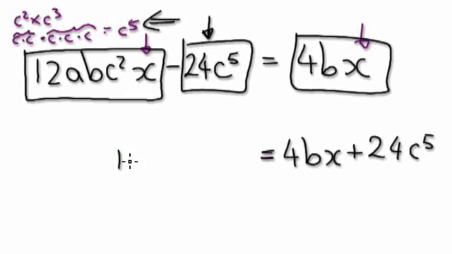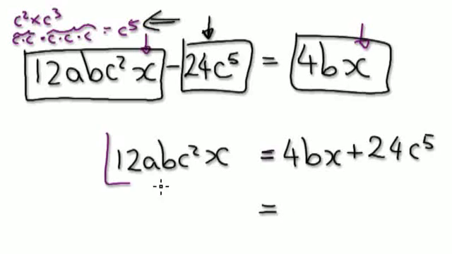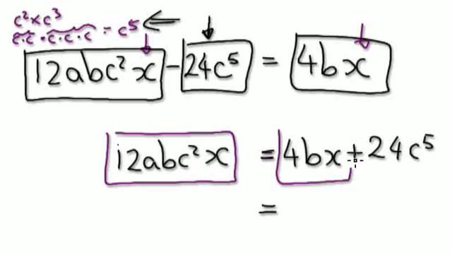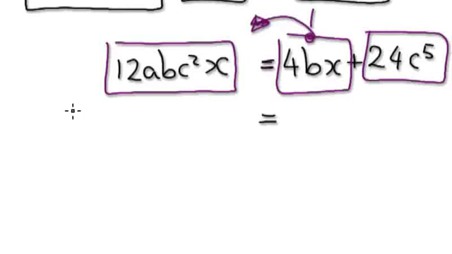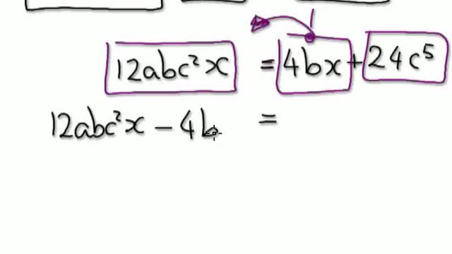On this side here, you just have 12abc squared x, and now visualize as this: one block equaling this block, add this block here. So let's move this block over to the other side, because we are trying to get all the x's on one side. So take away 4bx from both sides. It will be 12abc squared x take away 4bx equals 24c to the power 5.